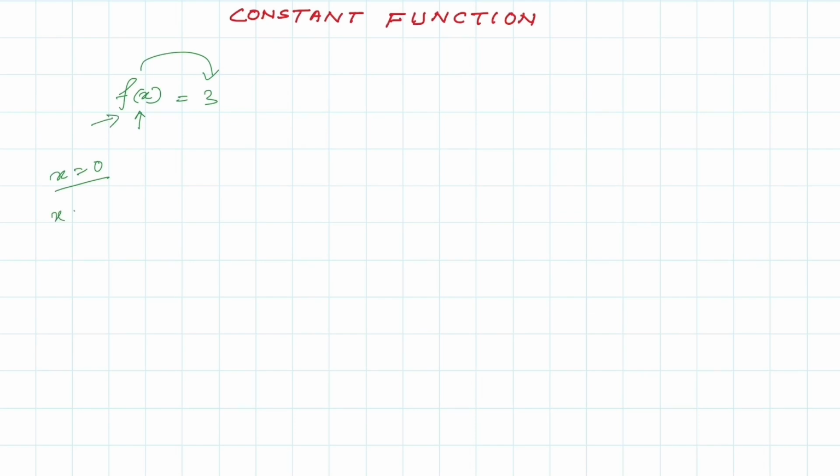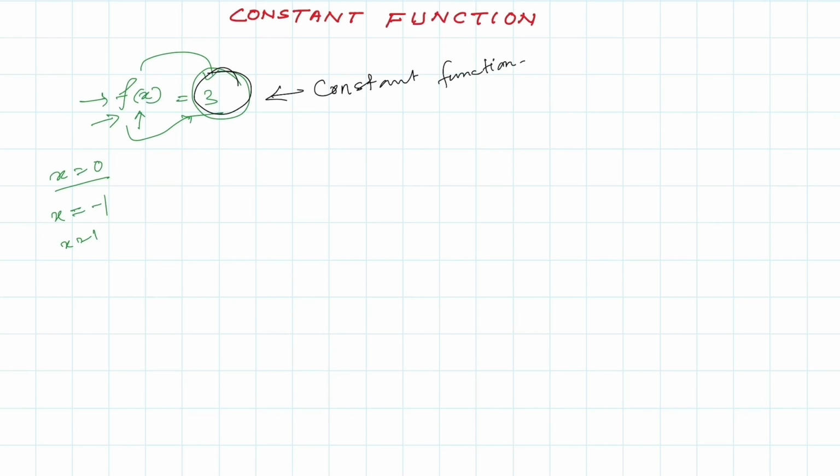For x is equal to minus 1 also, and for x is equal to plus 1, f(x) is again 3. So its result is fixed. Such types of functions are called constant functions, because the result is fixed.